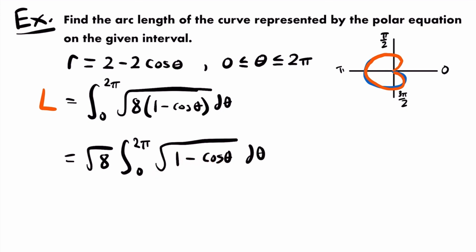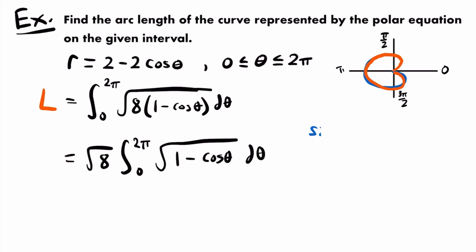So we're kind of stuck here, but what we can do is try to make use of any trigonometric identities that we know that might allow us to rewrite 1 minus cosine theta. And so what trig identity do we know that involves some expression similar to 1 minus cosine theta? Well, one trig identity that is close to that is this identity.